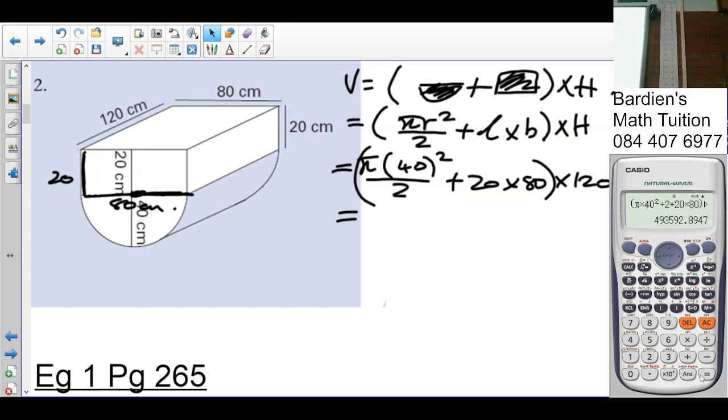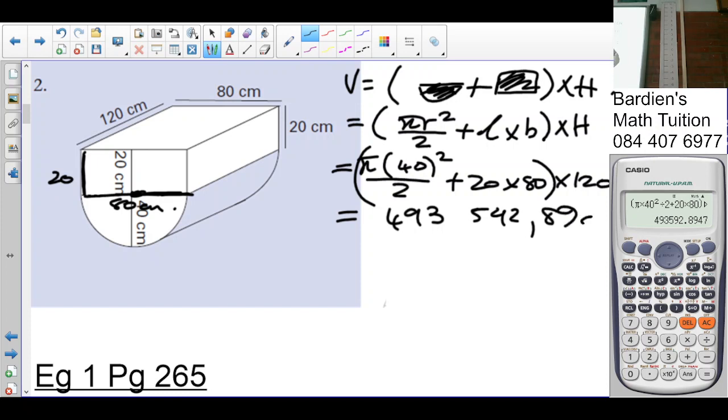Check. 592 is correct. So the volume, can I give you 493,592.89 centimeters.